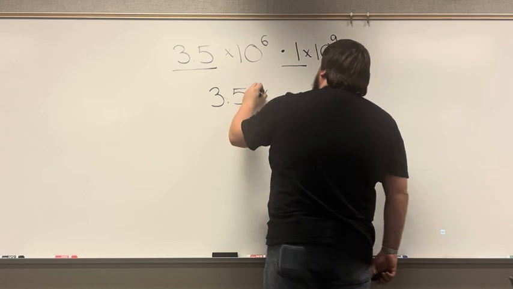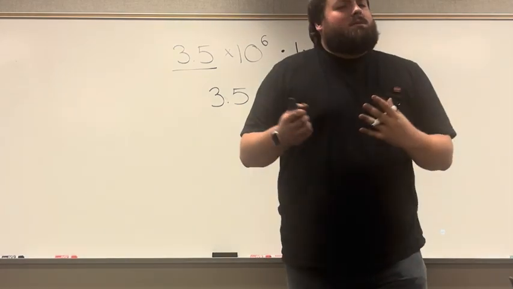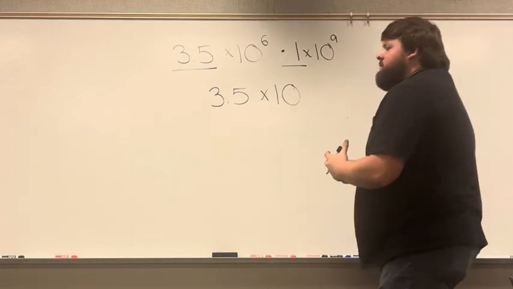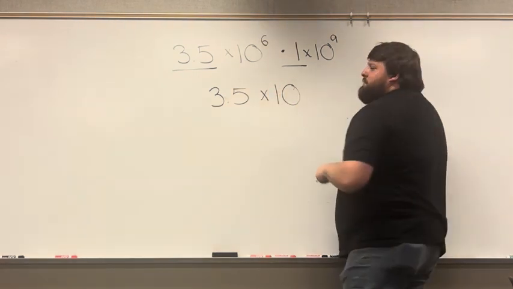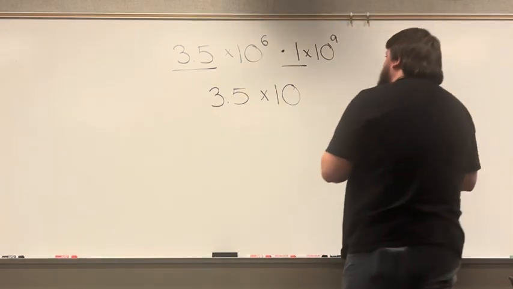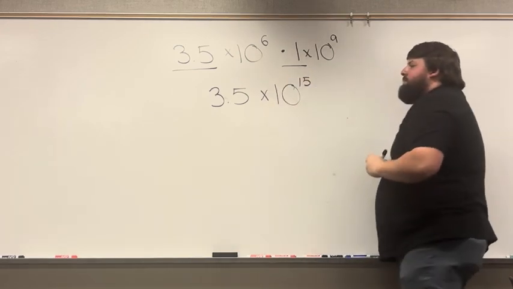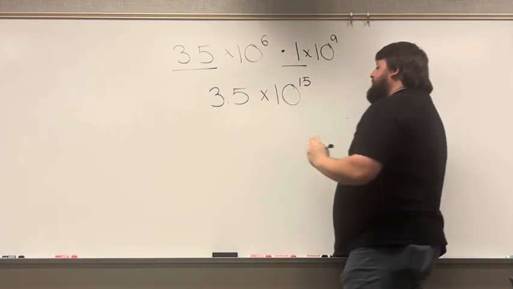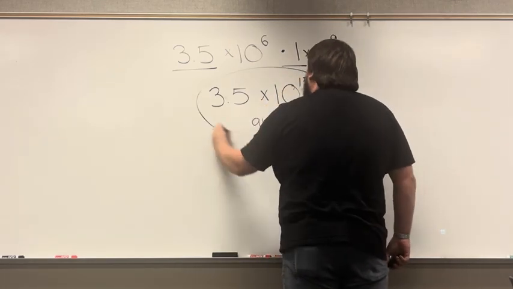And then 10 to the 6th times 10 to the 9th, it's almost like multiplying monomials with the same base. Whenever we multiply monomials with the same base, we add the exponents, right? So 6 plus 9 is 15. So we have 3.5 times 10 to the 15th ants in the Amazon.